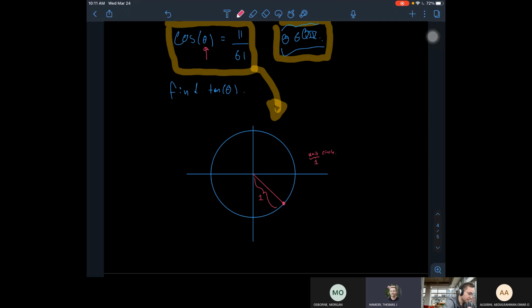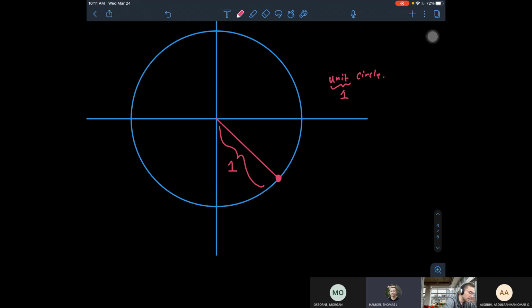So how do I fill that in terms of this picture here? Wouldn't it be 11 over 61 as the x value and then y as the point? That's right. This point is 11 over 61, comma y. Unknown y, right? Yes. Okay.